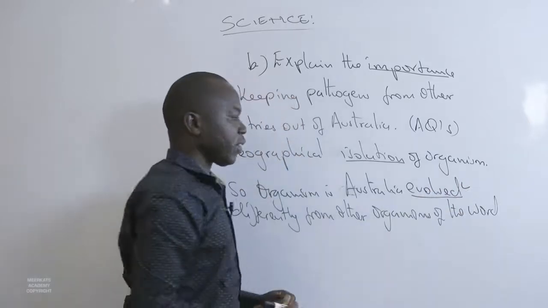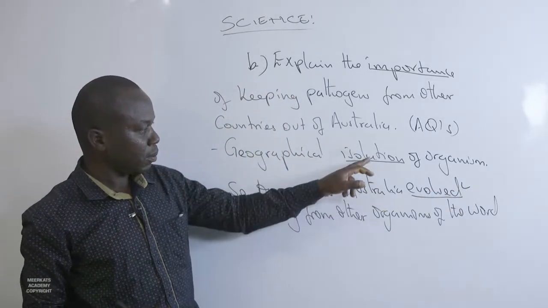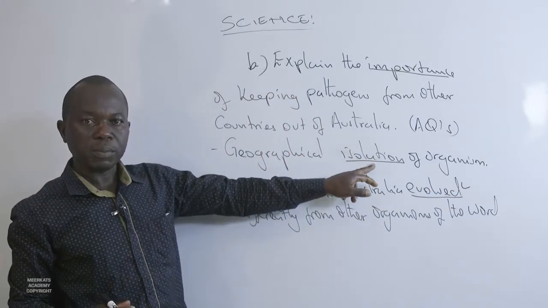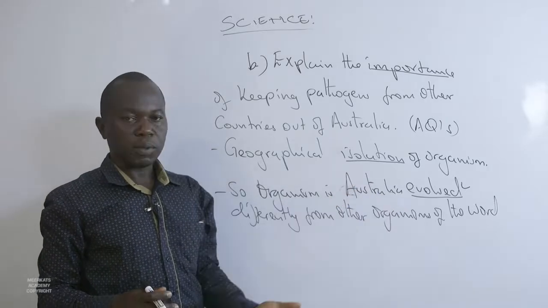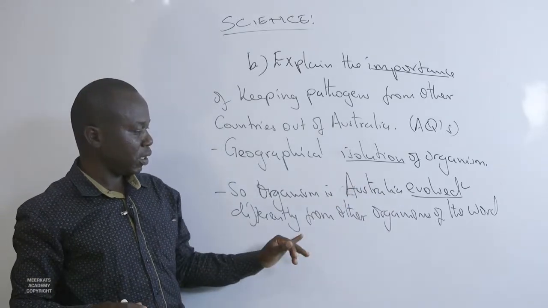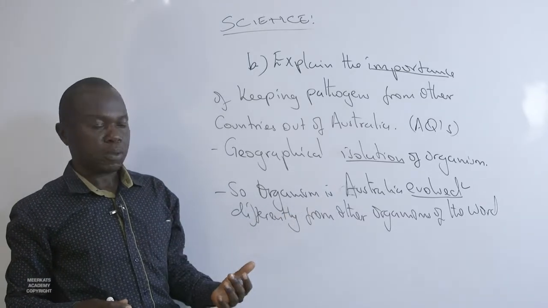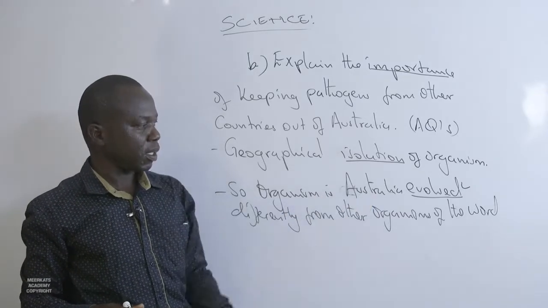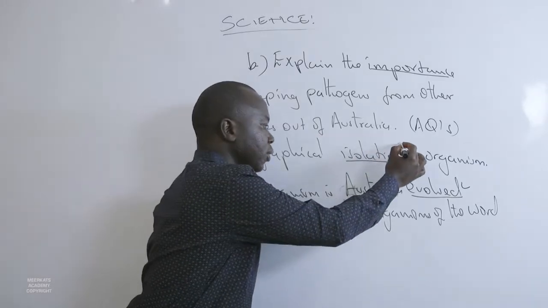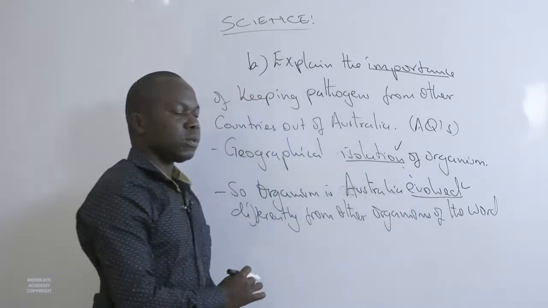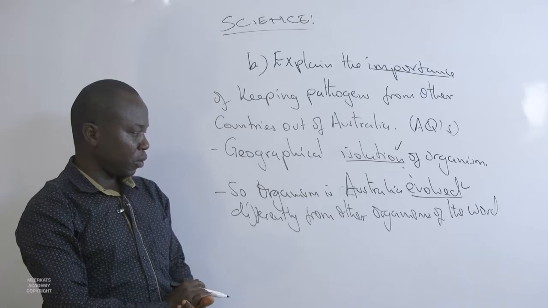So having different evolution mechanism due to isolation, it means the gene pools in different organisms of the world shall not be the same as those organisms that are found in Australia, due to isolation that led to different evolution.